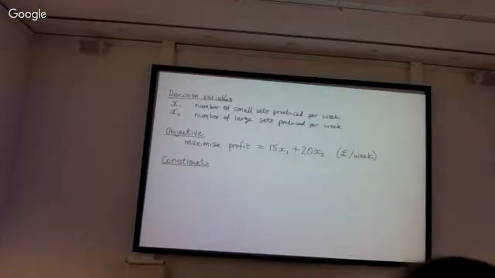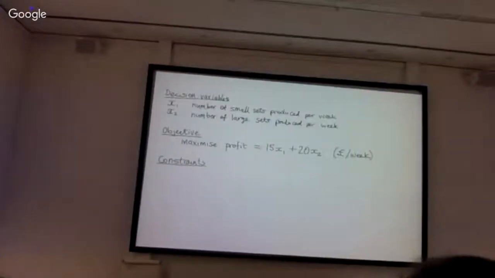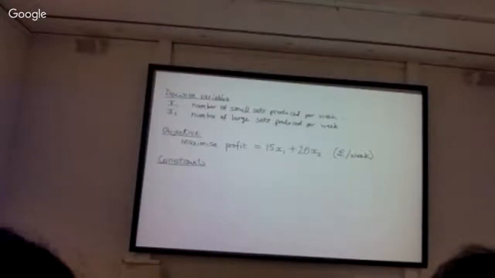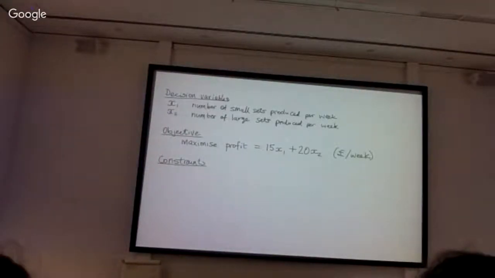Okay, perhaps one last remark. So the objective in these optimization problems consists of the word maximize or the word minimize, the direction of the optimization, really, and then it has some function of the decision variables.